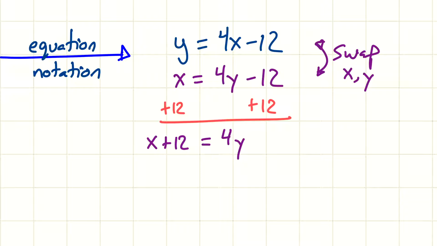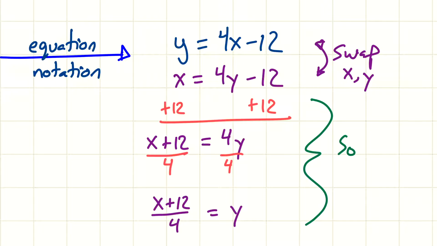And then to get rid of that 4, we're going to divide both sides by 4. And the result is going to give us x plus 12 over 4 is equal to y. So what we just did at this point is solve for y.